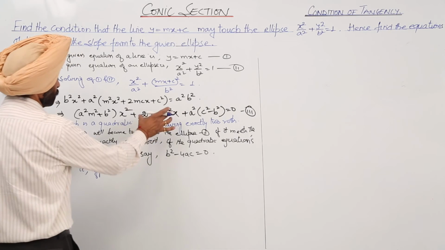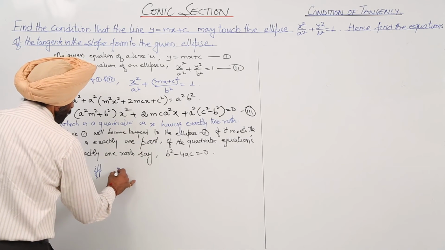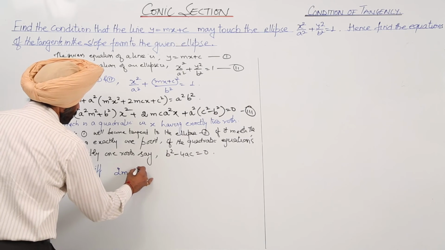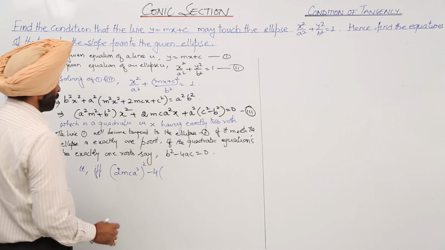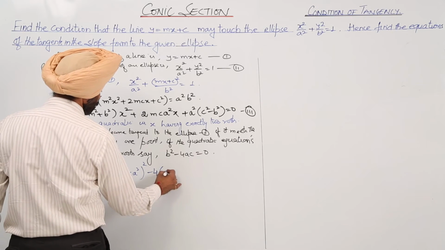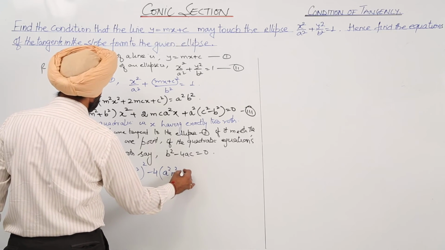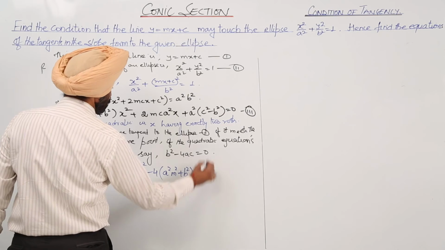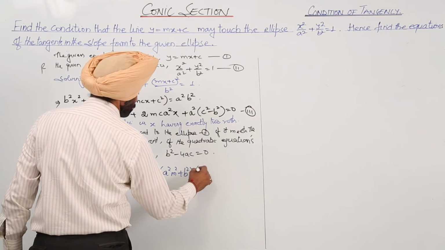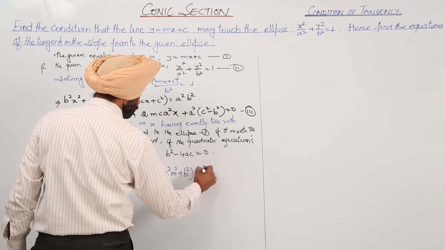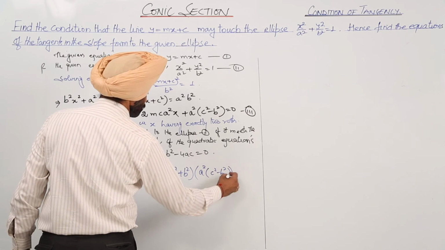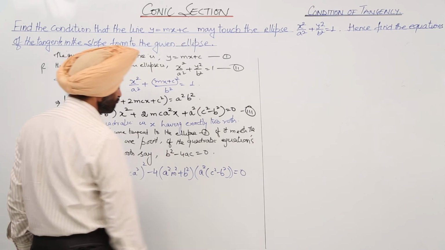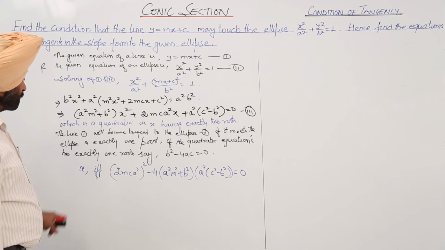Now b square minus 4ac: from here we have (twice of mc a square) whole square minus 4 times (a square m square plus b square) times a square (c square minus b square) is equal to 0. Is it clear?